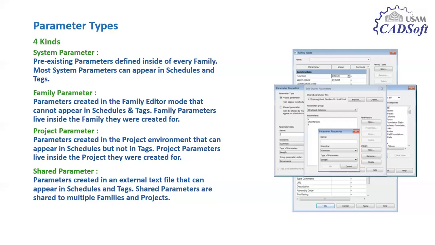And then you have the shared parameter. A shared parameter is basically an external text file which you can link to your current families and projects, and you'll be able to pull them into your schedules and tags. So these are the parameter types.